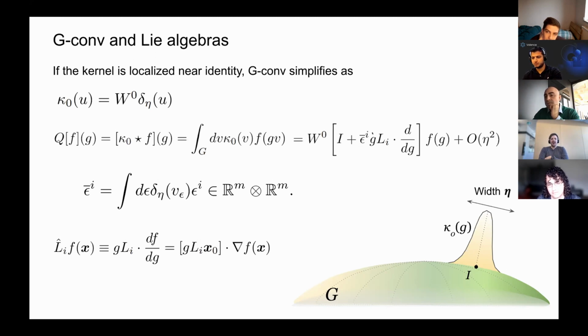So the number of these epsilons is the number of the Lie algebra bases that you have. So for instance, if you have the 2D rotation, you have just one L. So you have just one set of epsilons that you need to learn. You may increase their number to capture more angles, but there's essentially one number per each L, for each transformation that you need to learn. And you also need to learn the generators, right?